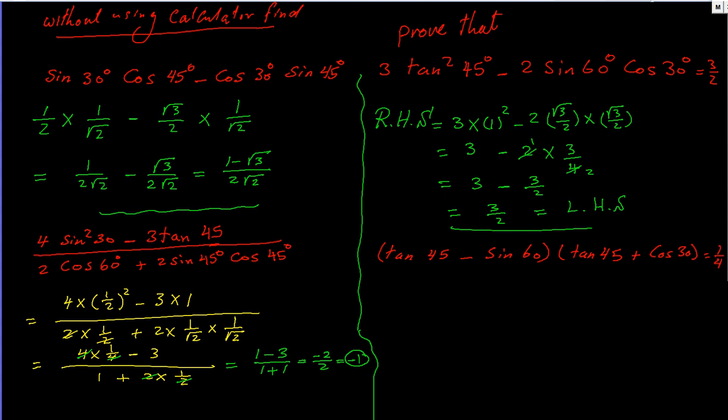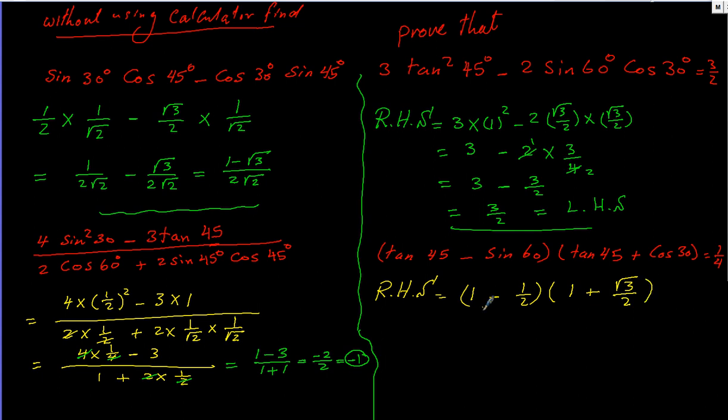Okay, take the left hand side. Tan 45 equals 1, minus sine 60. Sine 60 equals root 3 over 2. Multiplied by tan 45, which is 1, plus cosine 30, root 3 over 2.